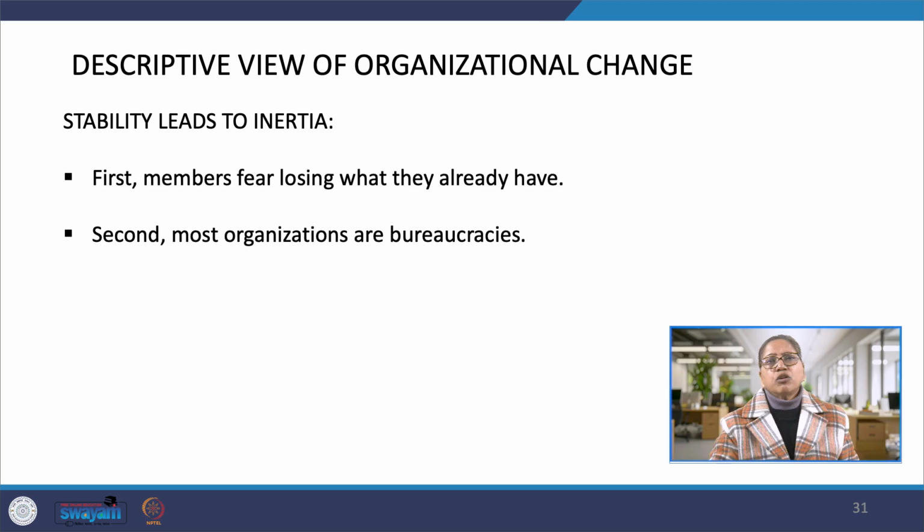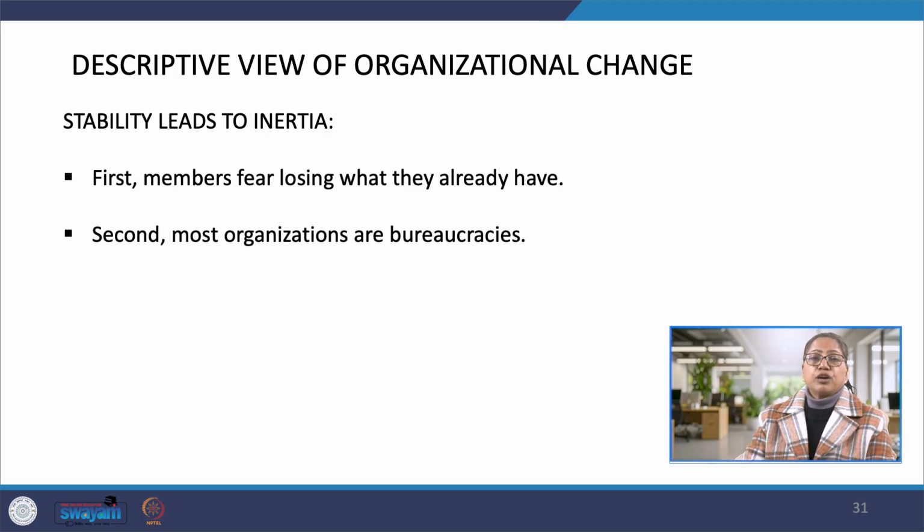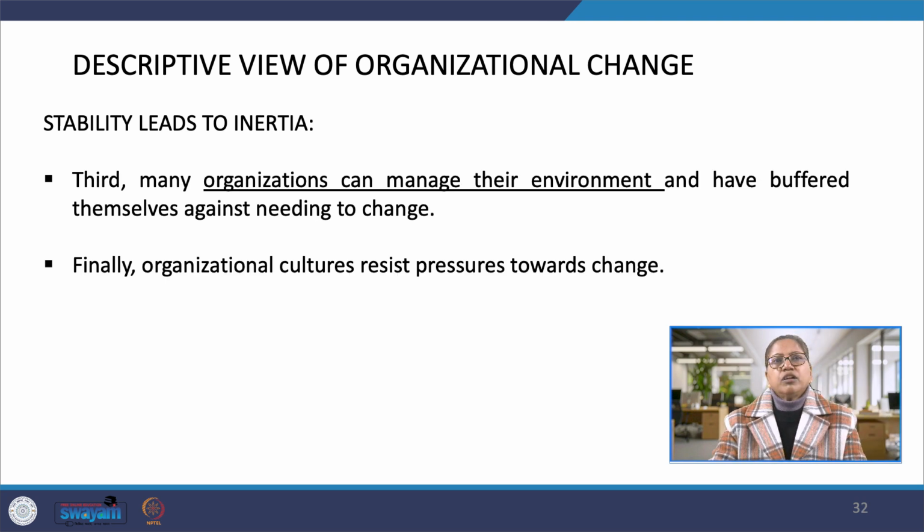Second, most organizations are highly bureaucratic. Such structures have built-in mechanisms that work against the change process. Then further, many organizations can manage their environment and have buffered themselves against needing to change. And organizational culture also resists pressures toward change.